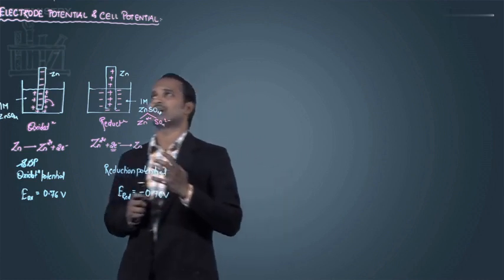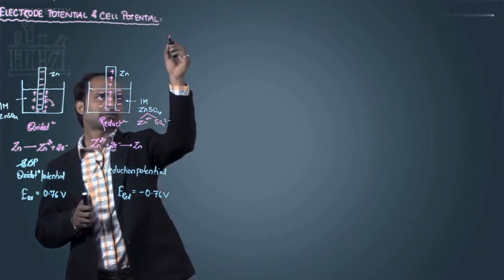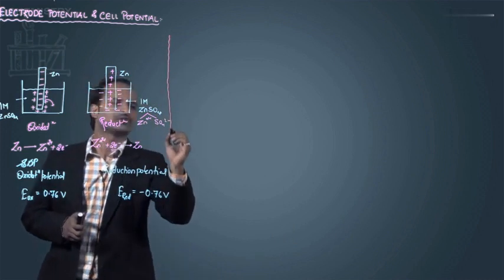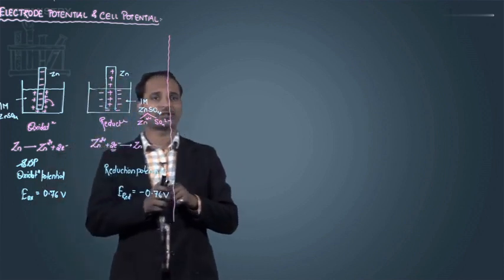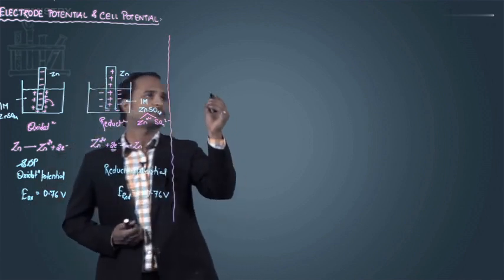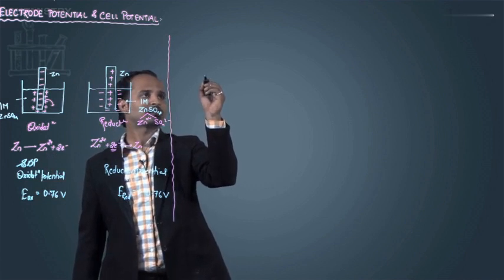Now let's see what is cell potential. For understanding the cell potential, I am considering again a Daniell cell, where we have the zinc electrode and the copper electrode. The zinc electrode acts as an anode, and the copper electrode acts as a cathode.